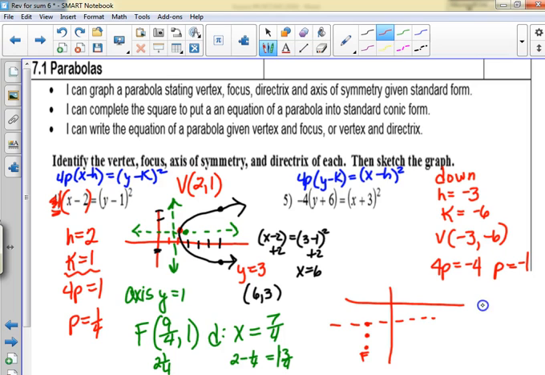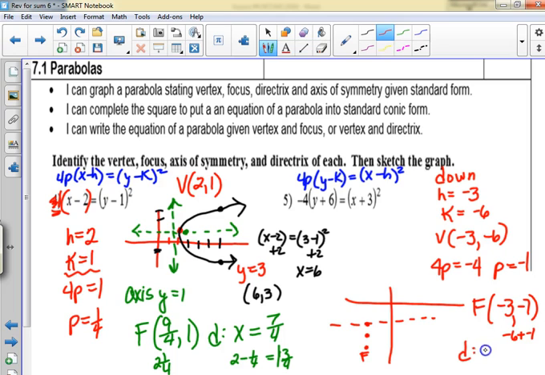What's the formula for the focus? H comma K plus P. H comma K plus P is -3, -7. Does that make sense from where my picture went? Okay.